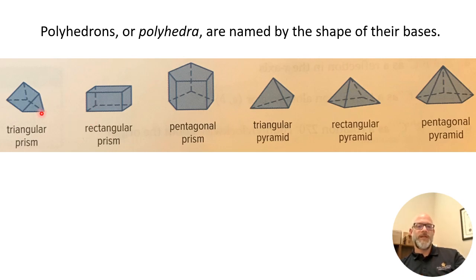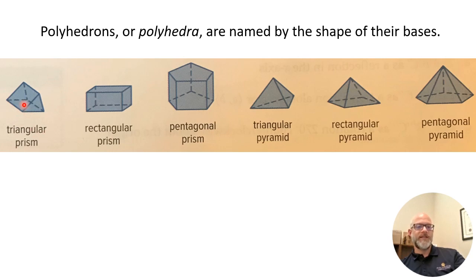Look at these first 3 shapes. They're all prisms. Prisms always have a base and a second base that are congruent polygons. This is a pentagonal base. See that pentagon base, and it's a prism, so this is a pentagonal prism. This thing has a rectangular base and a rectangular base, 2 bases, so it's a rectangular prism. This one right here, what's the base? It's actually a triangle.